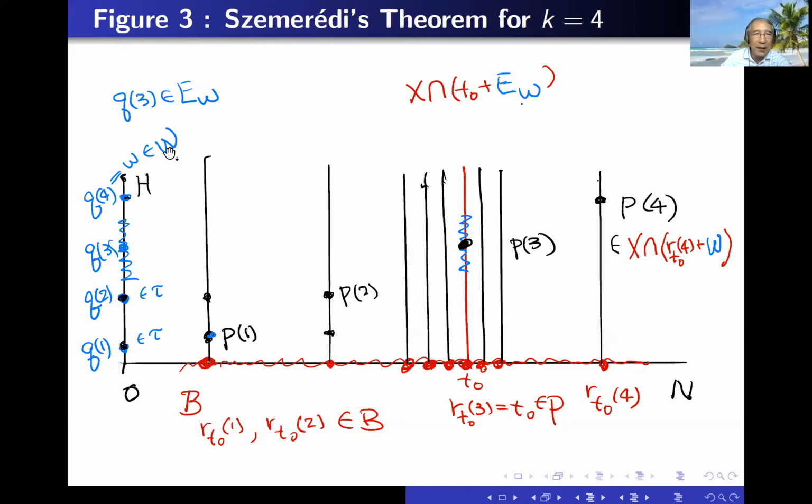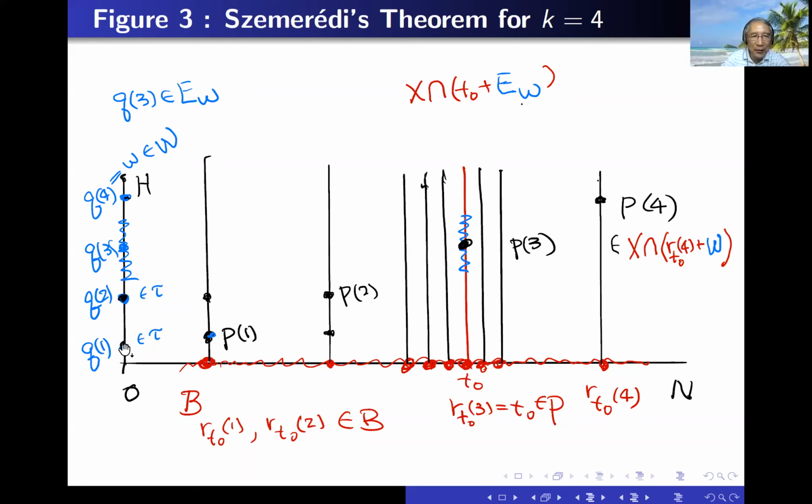Because those W's together have measure 1 inside some interval, when we lift into this level, we get an intersection with X, then I get a P4. This P4, then P3 will just be picked from this mixing, and P2, P1 belong to X because they have the same type.